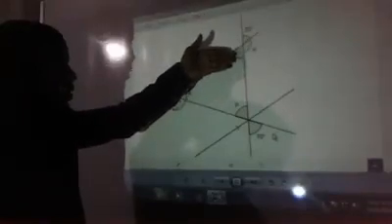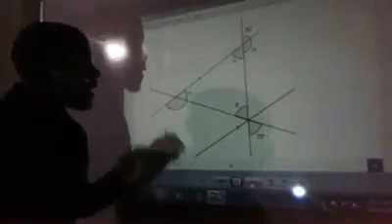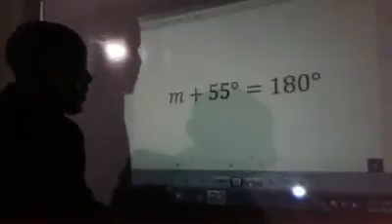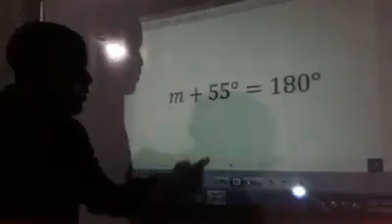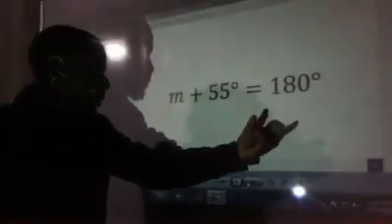On this line here, we have M lying on the same line as 55 degrees. And the rule says that angles lying on a straight line are equal to 180 degrees. So we have angle M plus angle 55 degrees equal to 180 degrees.